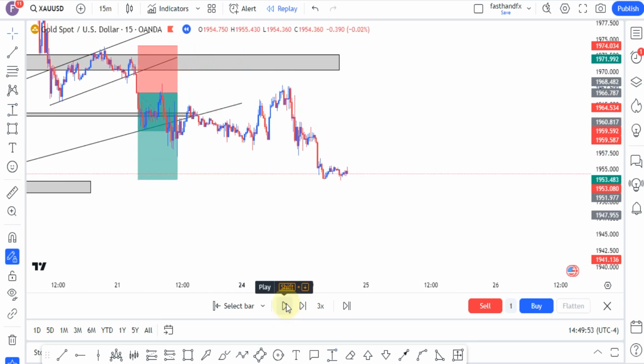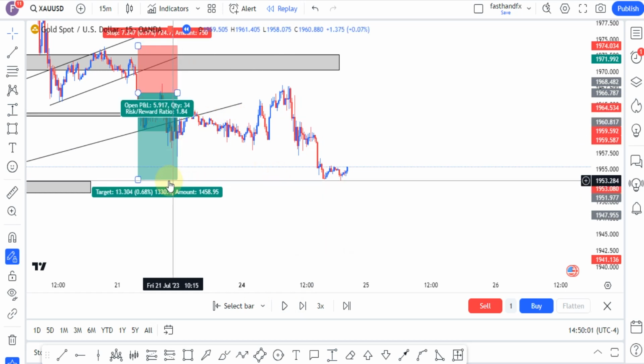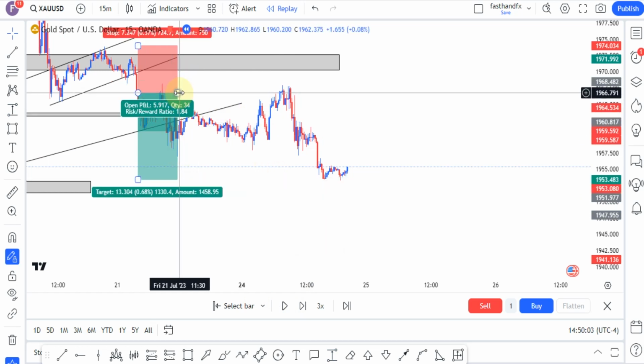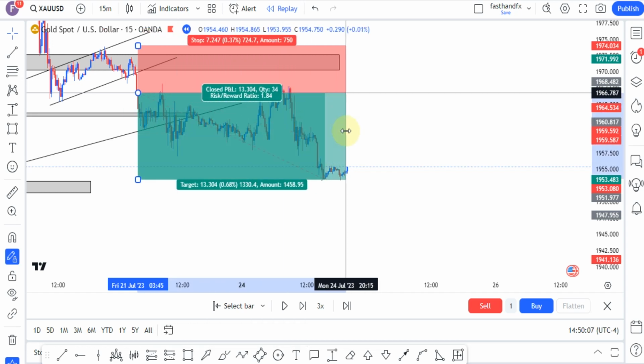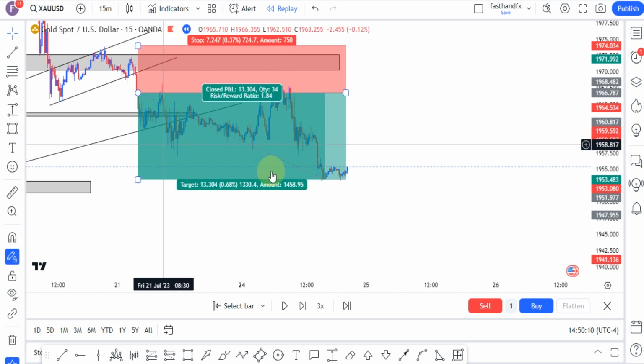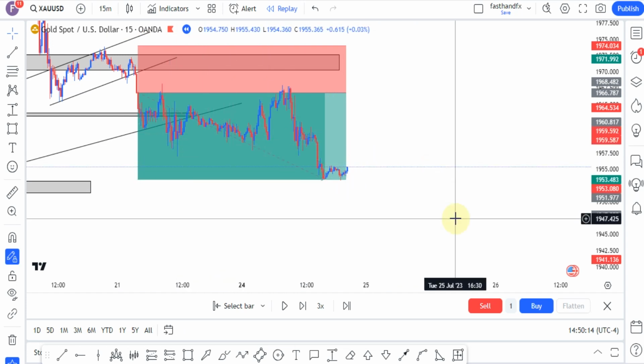When you see the market has already given you 94 pips, don't wait, just take partial profit and wait for the market to give you more. After playing out all this time, the market finally hit our take profit of 130 pips, guys. That is very, very beautiful.